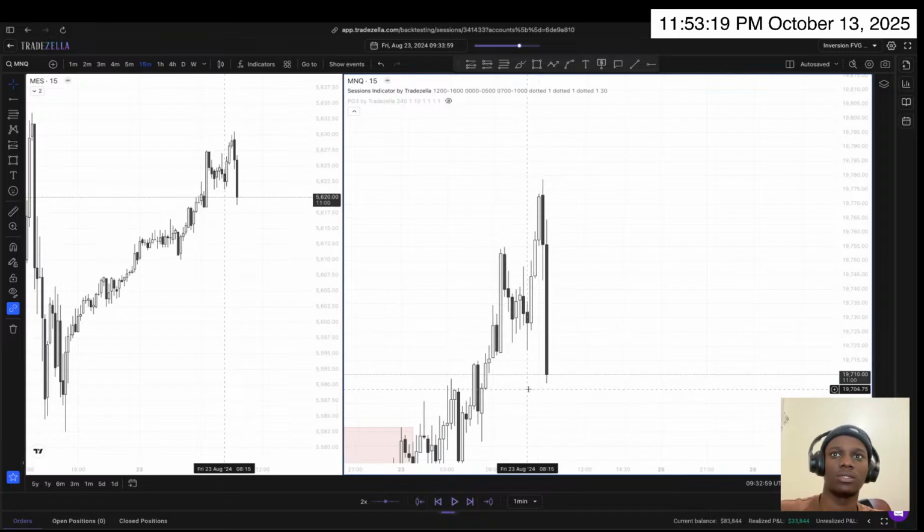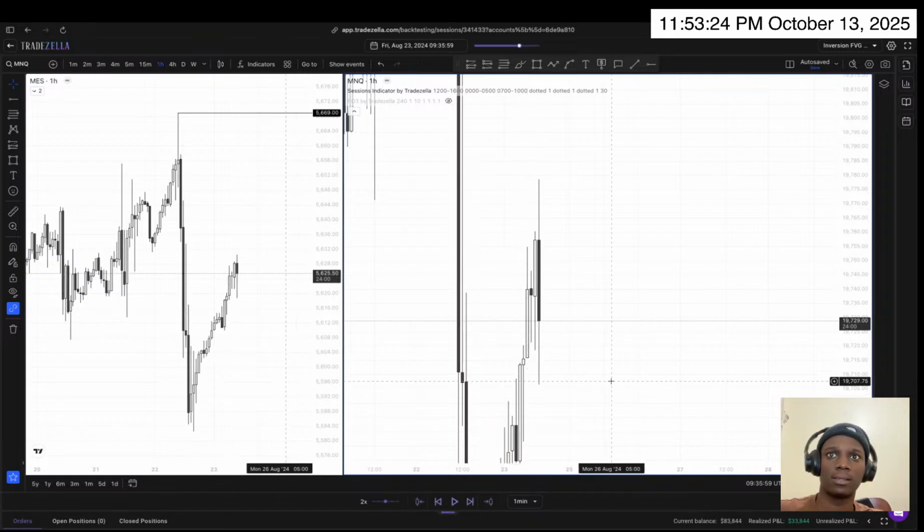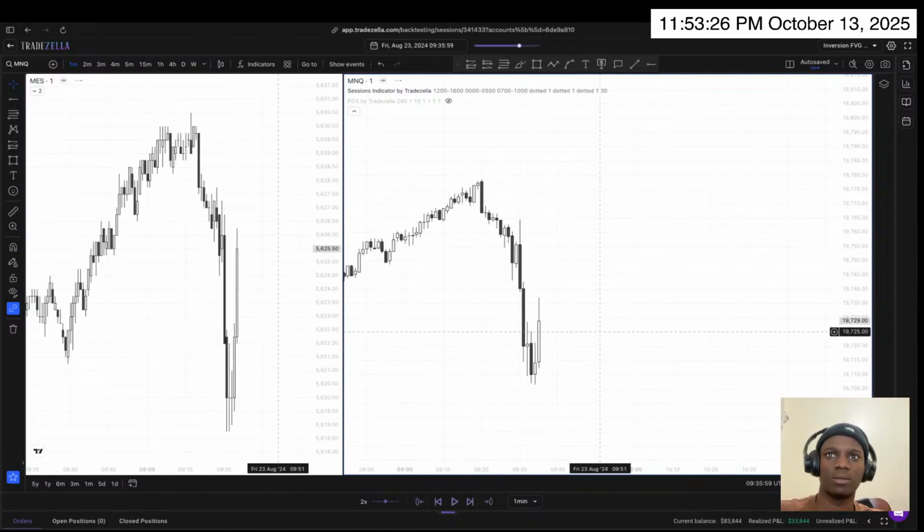Run this low here. And run this small gap.